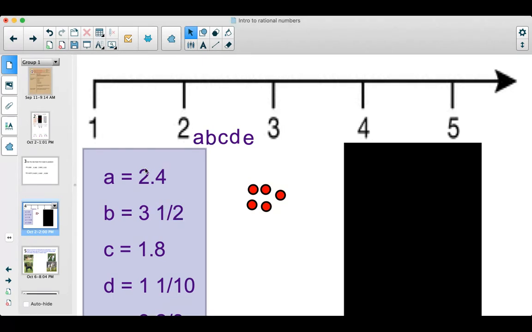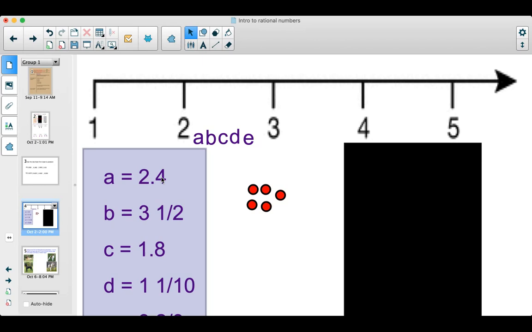So if I have 2.4, well, the fact that this is 2 point something means it's more than 2, right? But it's less than 3. So it's somewhere between 2 and 3. So it's going to be in here somewhere. Now, as for which one is closer to, 0.4, remember, back to our place value, means 4/10. So is 4/10 more or less than half?